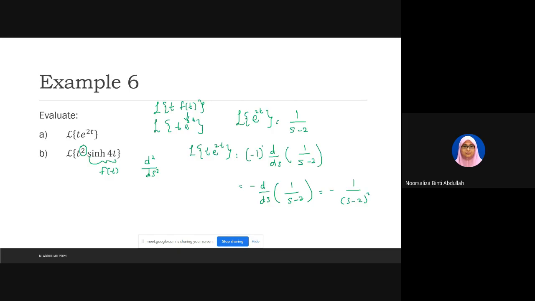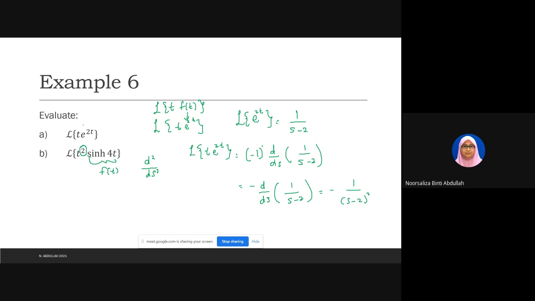Okay, the first example, do you understand? You have this t e^(2t) and you want to find the Laplace of this one.